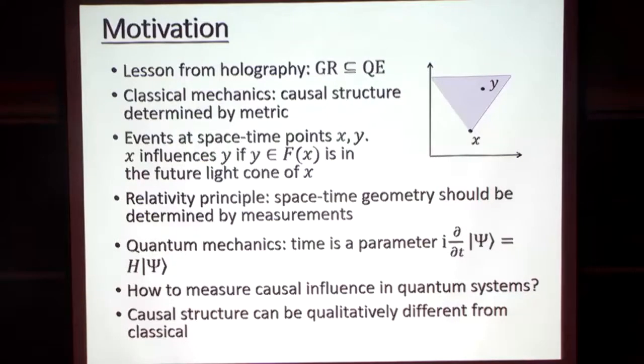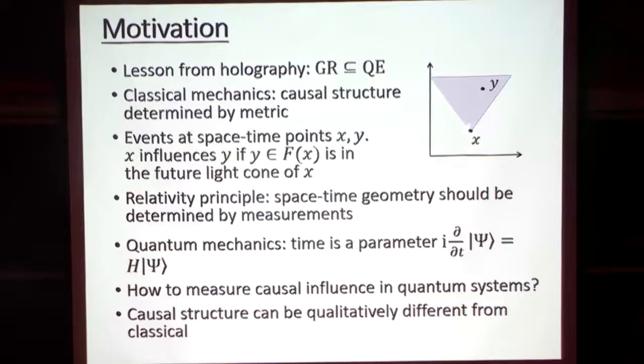Anyway, if we think about this, then of course a more important part of the geometry is the causal structure. So in the classical case, the causal structure is sort of simple. I give you a metric of the space-time that determines whether two points have a distance that is space-like or time-like, and then that determines whether one event can influence the other.